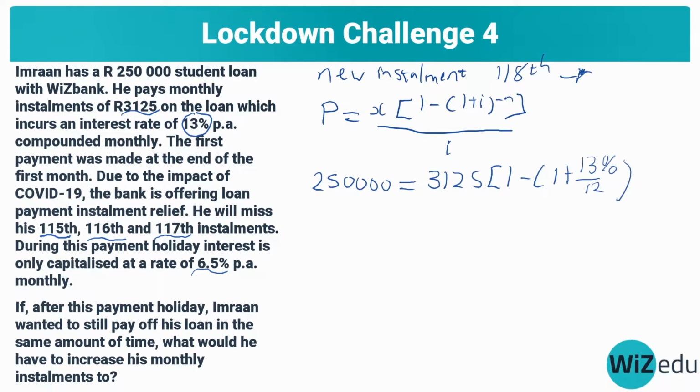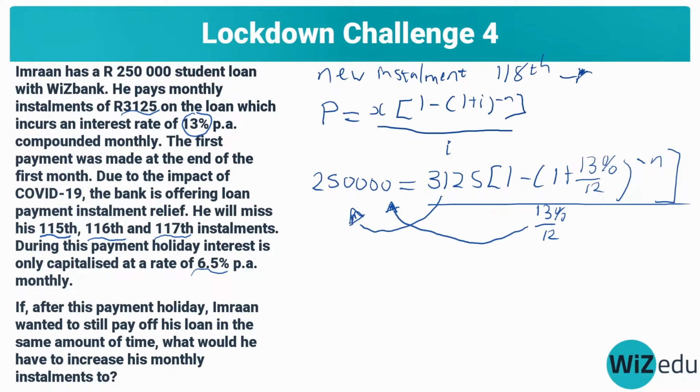It's 13% over 12 because we know it's compounded monthly, and that's going to be negative n. N is what we're solving for, and it's our unknown here. So we don't know that. That's going to be all over 13% over 12. So we can simplify this by multiplying the left-hand side by 13% over 12 and dividing it by 3125.